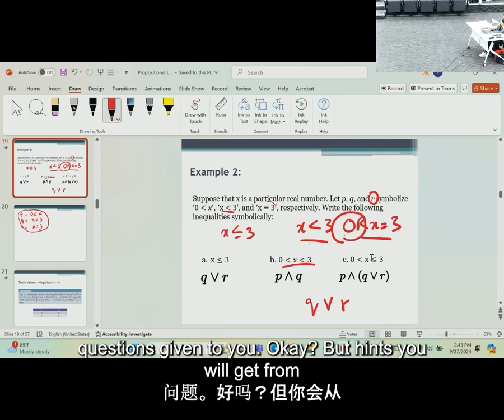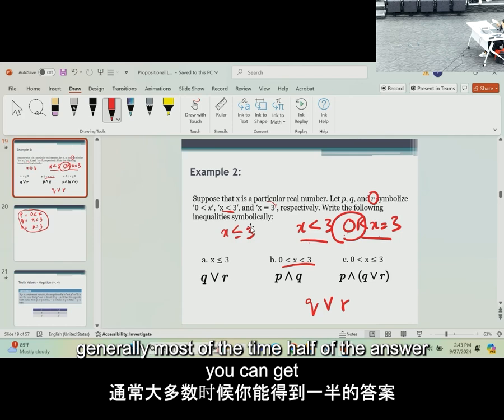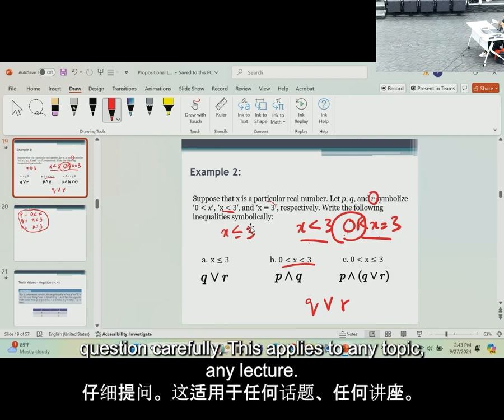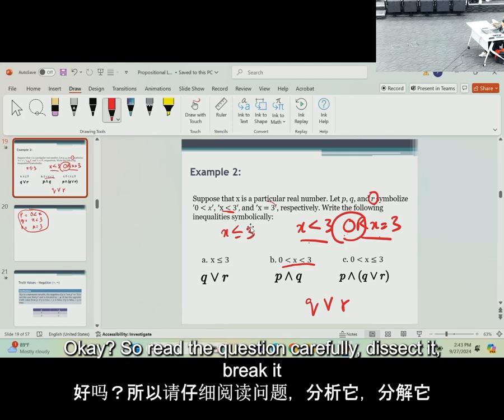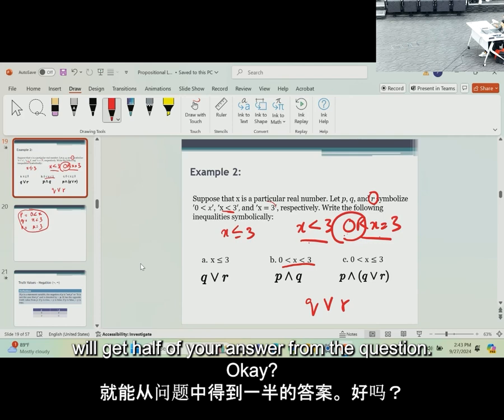But you will get hints from the question. Most of the time, I'm telling you generally, half of the answer you can get from the question. So learn to read and interpret the question carefully. This applies to any topic, any lecture. Read the question carefully, dissect it, break it down into pieces, and most of the time you will get half of your answer from the question.